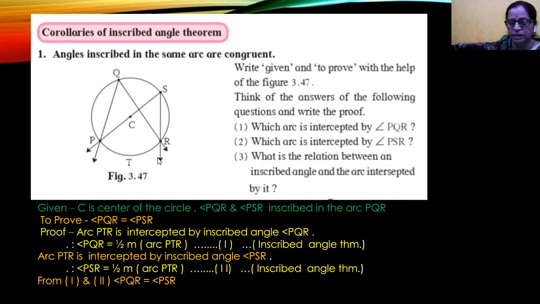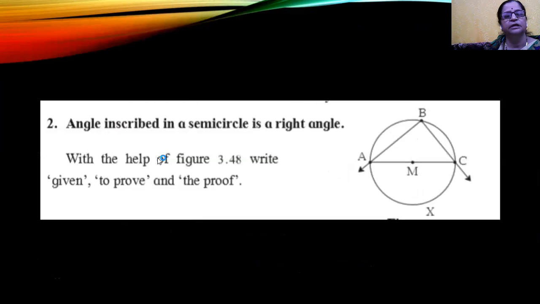That is true. In this next figure, an angle inscribed in a semicircle is a right angle. Here you have to write the proof and the given. Given: center point M, with angle ABC. We have to prove that the measure of angle ABC is equal to half the measure of arc AXC.